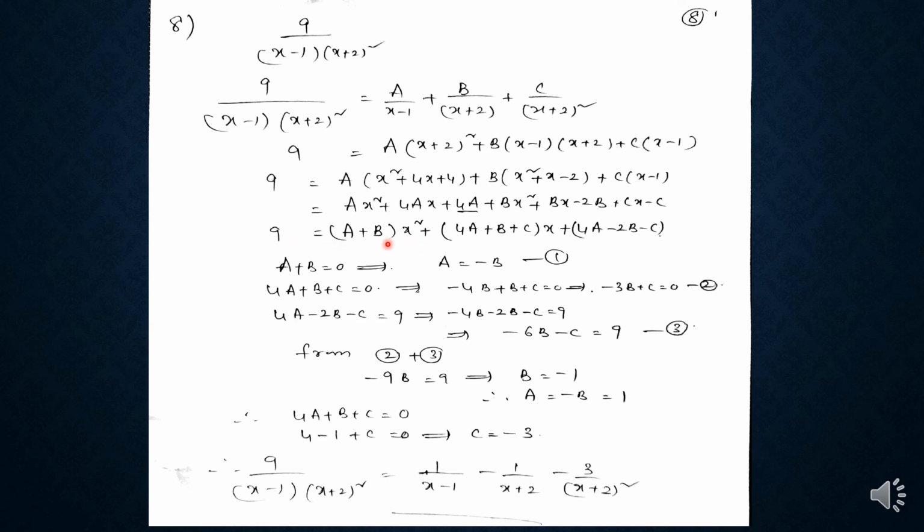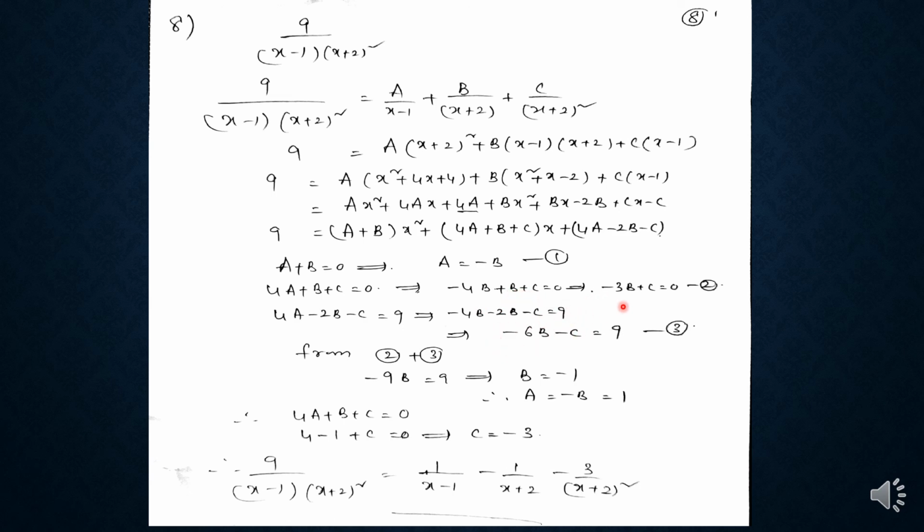So a plus b is equal to 0, that is a can be written as minus b. And the second equation is 4a plus b plus c is equal to 0. By putting a is equal to minus b in this equation, we will get minus 4b minus 2b minus c is equal to 9, and minus 4b plus b plus c is equal to 0, that is minus 3b plus c is equal to 0.